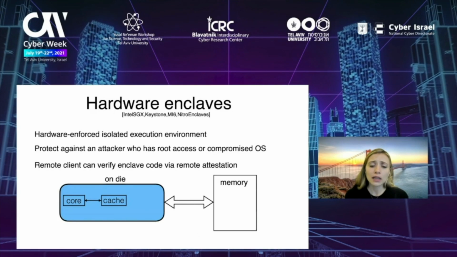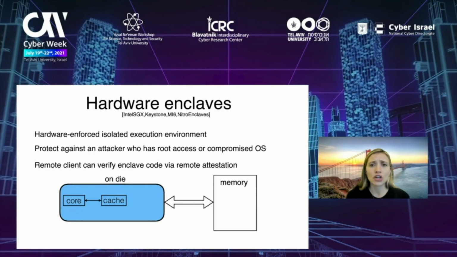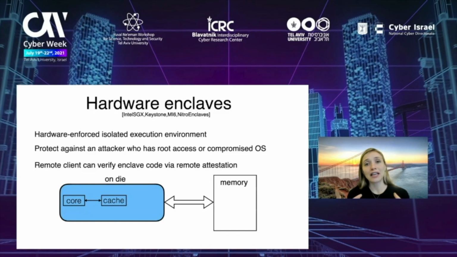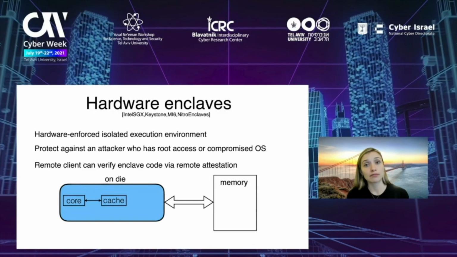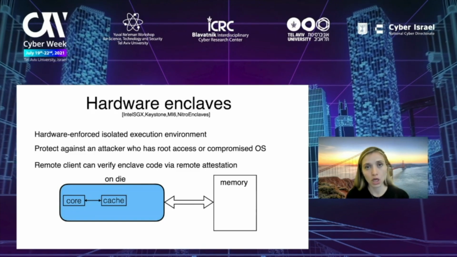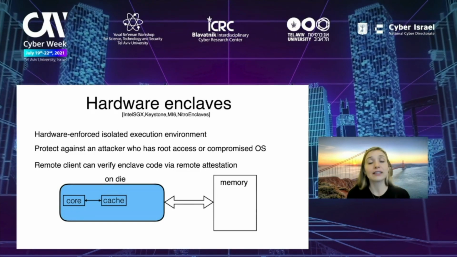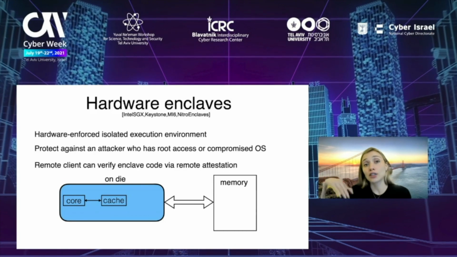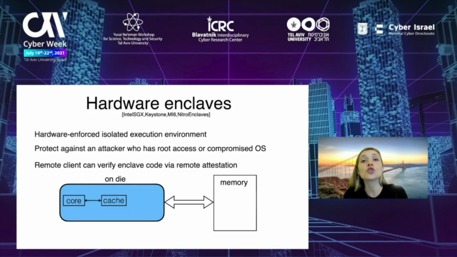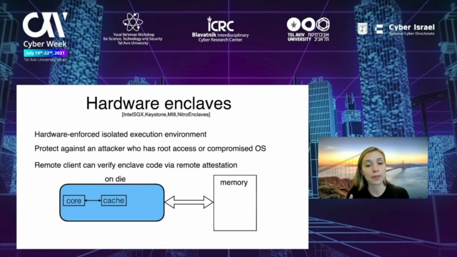So let me tell you what hardware enclaves are at a high level. They're basically isolated execution environments that are enforced by the hardware. So they protect against an attacker that has root access on a machine or a compromised operating system, because that attacker is only going to see encrypted data.